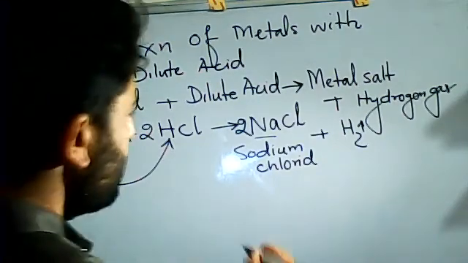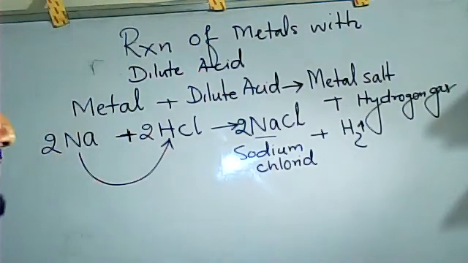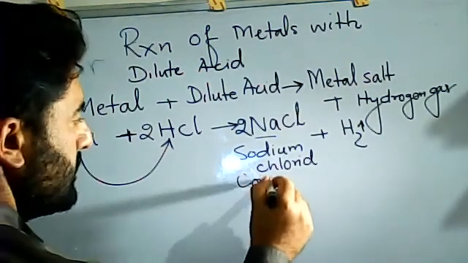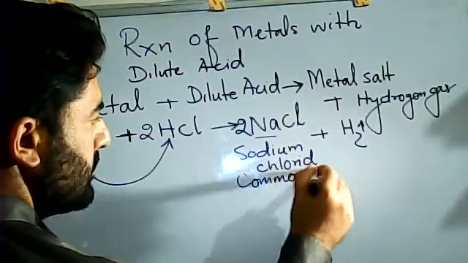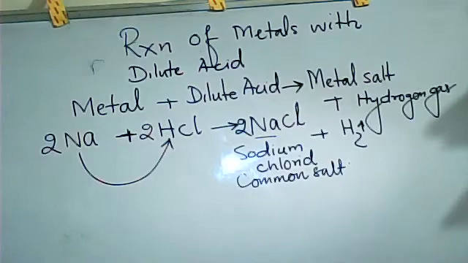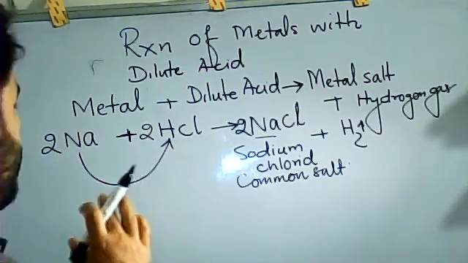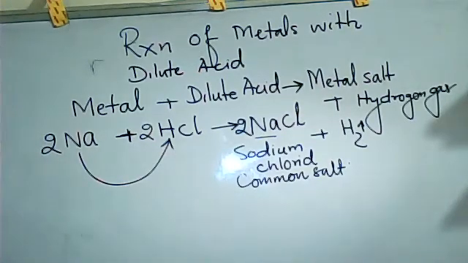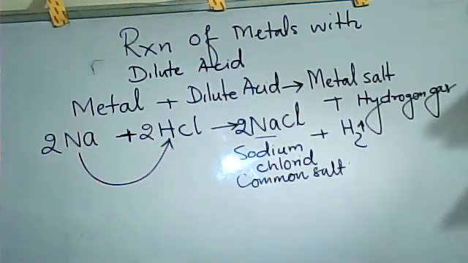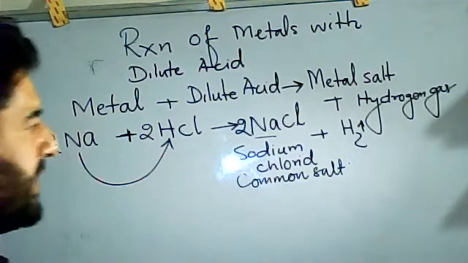Now see, sodium chloride is also known as common salt. Okay, so we have to remember here that when a metal reacts with dilute hydrochloric acid, the product formed will be a chloride. Okay, dear.